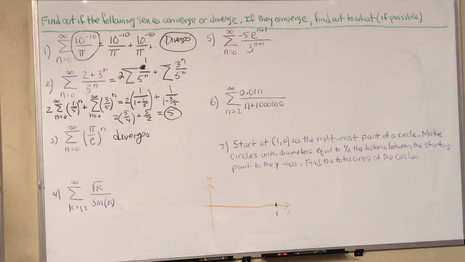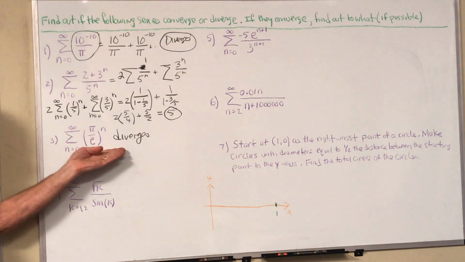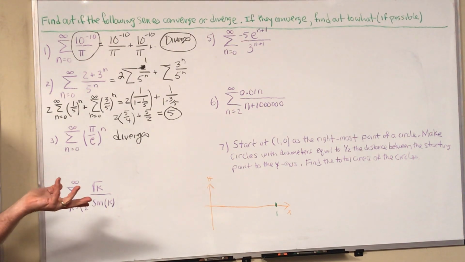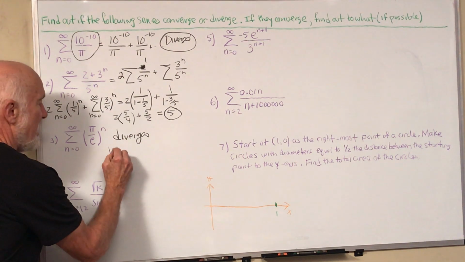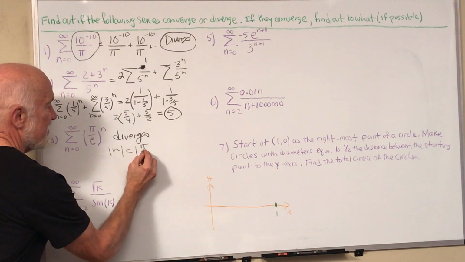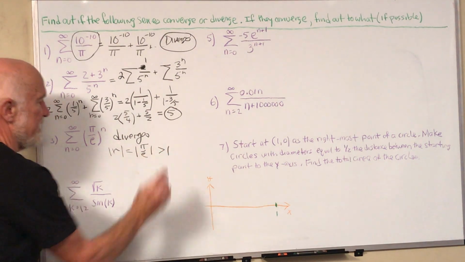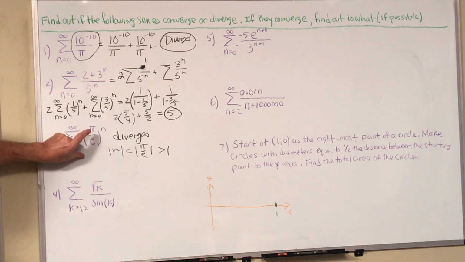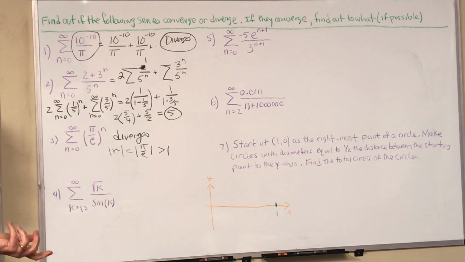You could also use the nth term test, but I think it's easier just to say it's a geometric series with r, which happens to be in this case, greater than 1. If it had been the other way around, e over pi, then we could have actually figured out what it was.